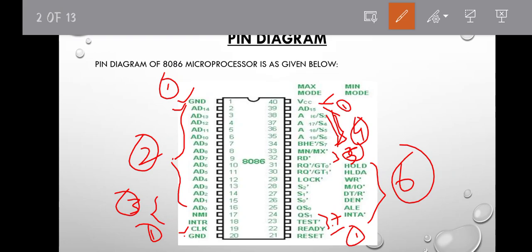So in this way, if you learn the pin diagram of the 8086 microprocessor using these steps, you can easily remember these pins very easily from the examination point of view, the interview point of view, and in any competitive exams. So these are the total 7 steps. In 7 steps we completed all 40 pins of the 8086 microprocessor.